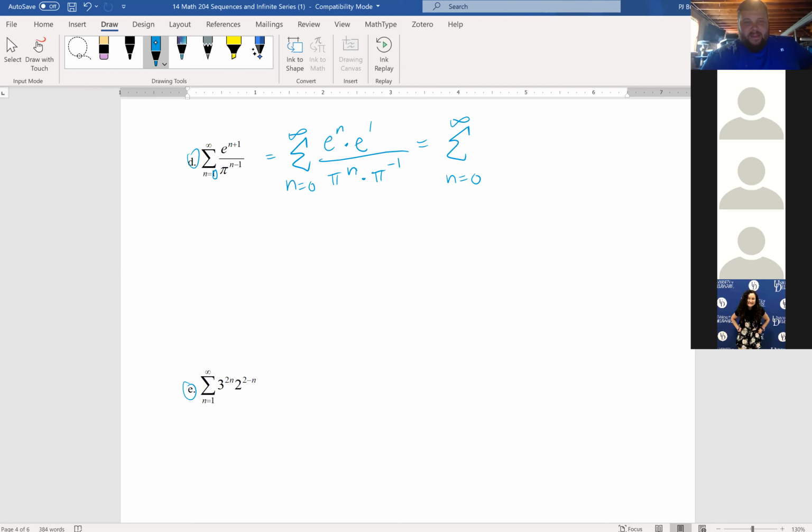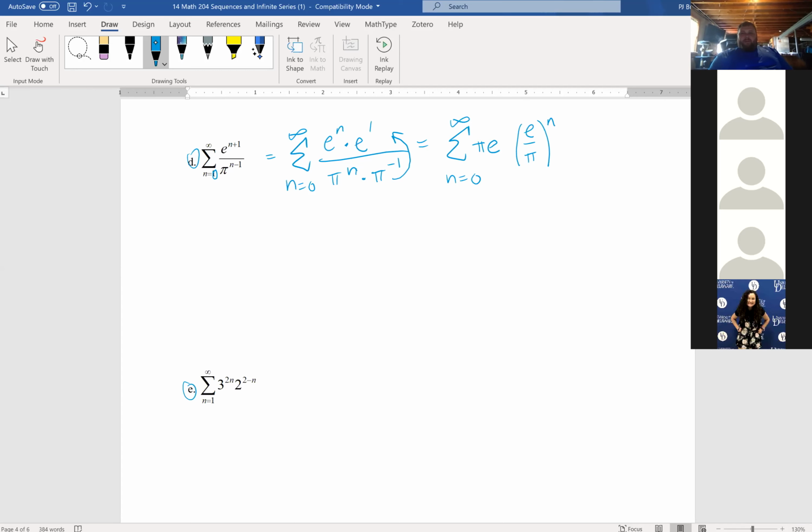So I'm going to put the e over pi together because they're both to the power n. And then I have e to the first and pi to the -1. Pi to the -1 means take it up to the numerator and make it positive. So there's a pi times e out in front here.